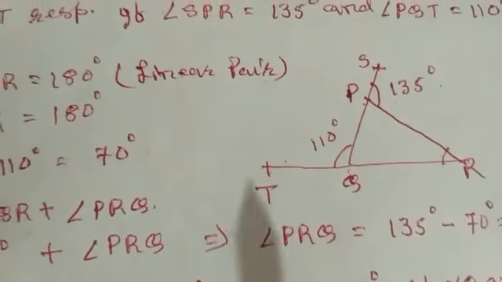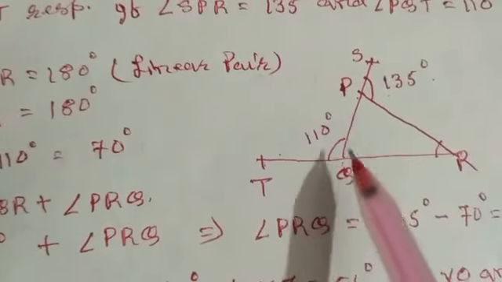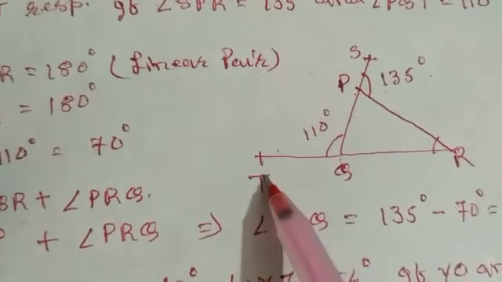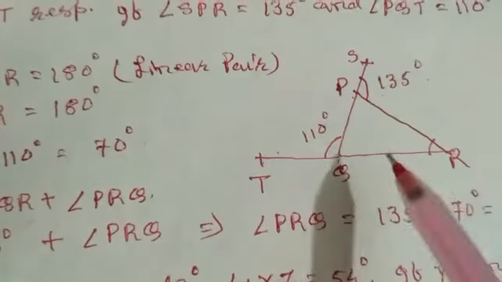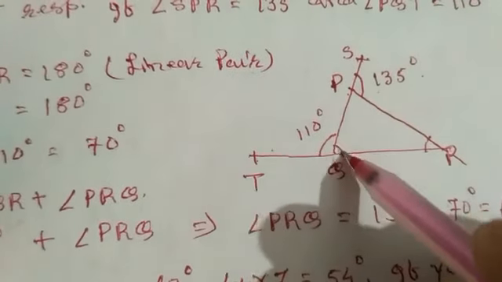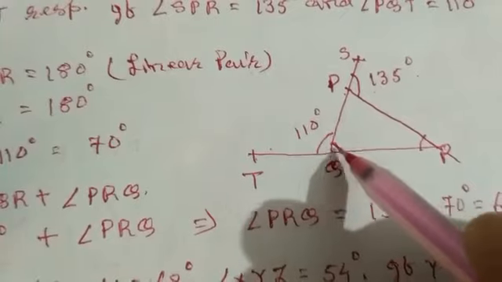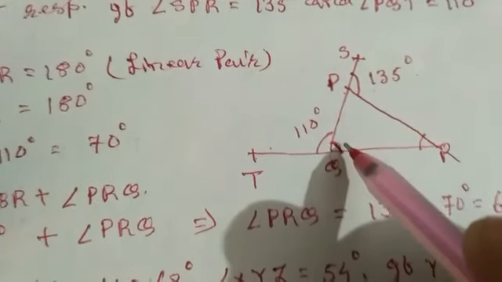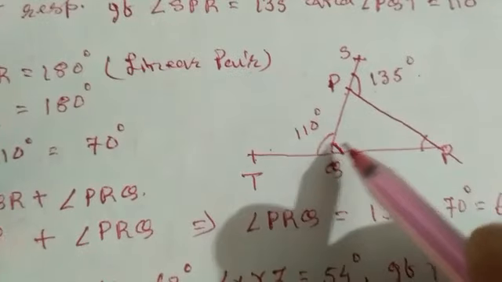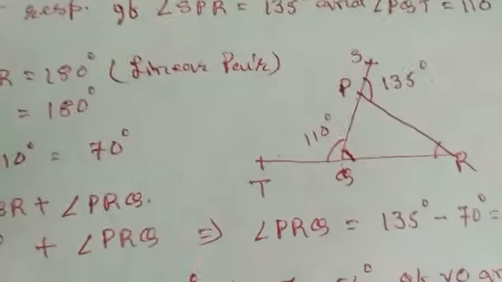Now in this figure you can see that angle PQT and angle PQR are a linear pair. And as you know, the sum of the linear pair is 180 degree.